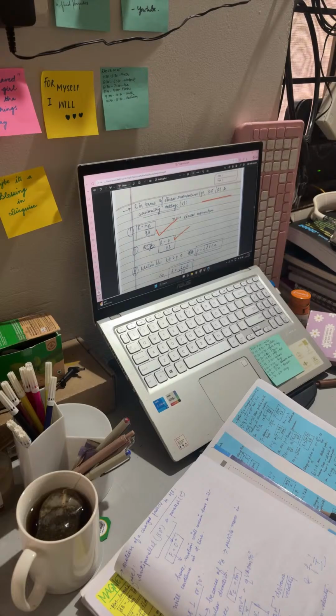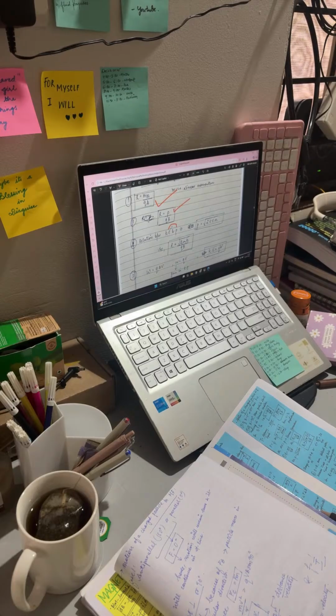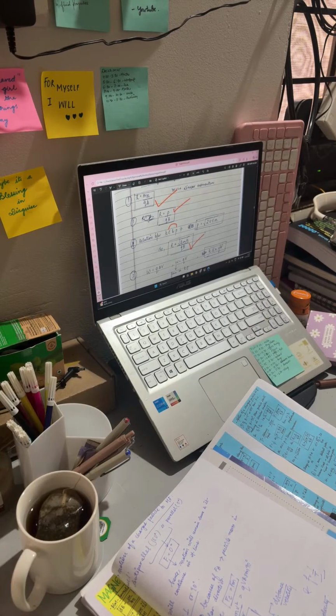That's how you get this. Then we also know that there is a relationship between momentum and kinetic energy. So you can substitute momentum as equal to root of 2 m times kinetic energy, and that is what they have directly substituted in here.